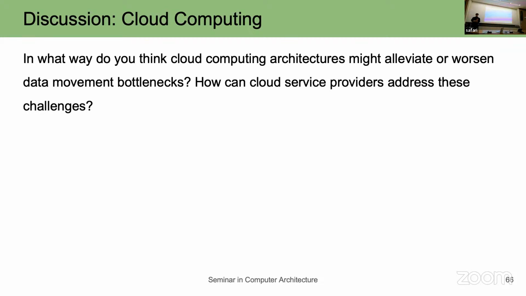Okay, so you would argue that it worsens the memory bottlenecks? Yeah, just because there is way more data. Okay. And less computation. Yeah, I agree. Cloud computing can output much more data than your normal PC. Anybody else?